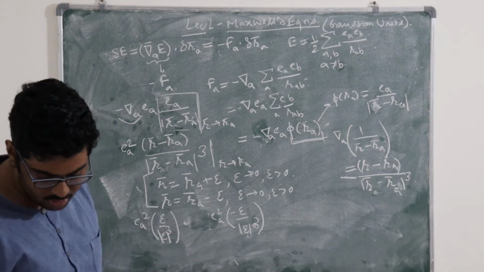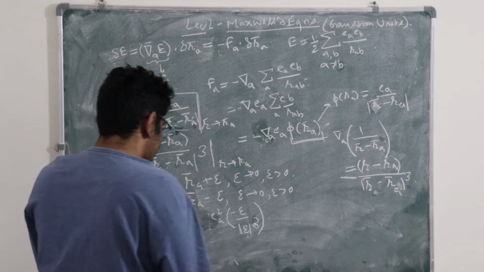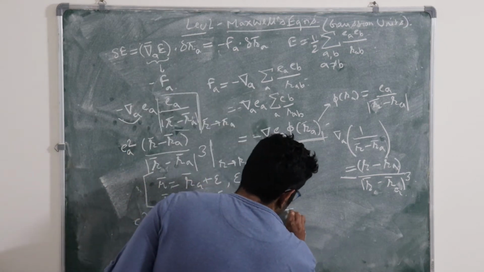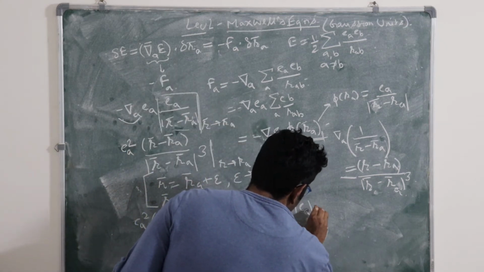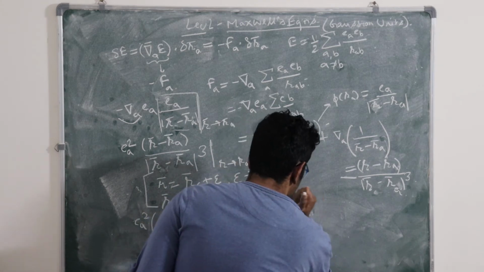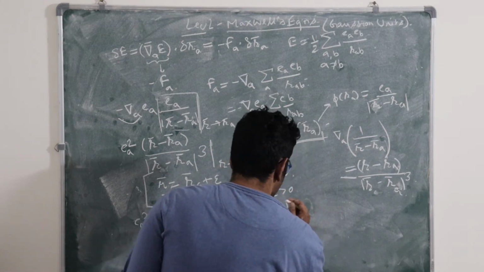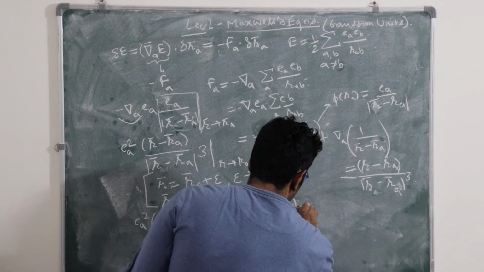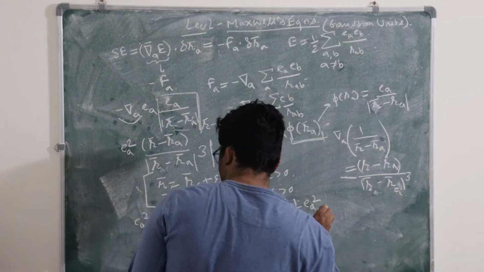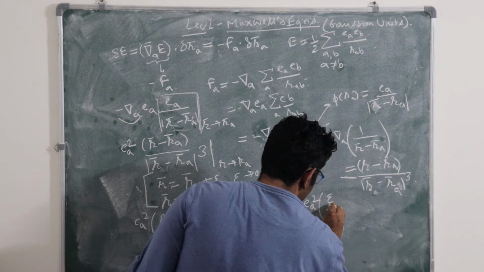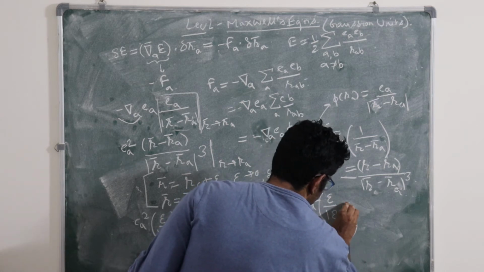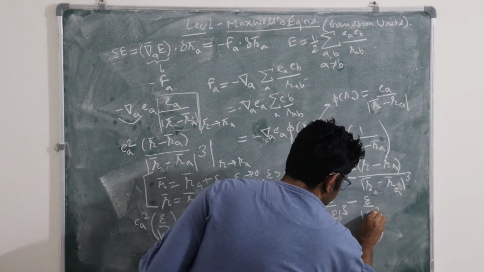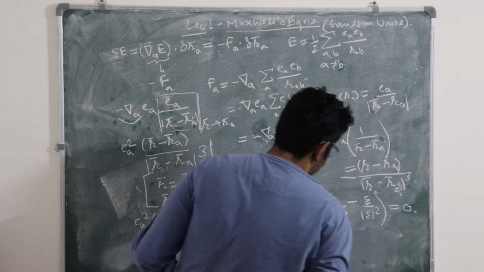Now what would I like to do? Well, when you get two values over here, let's average these values, and so you have half of e square times epsilon by modulus epsilon cubed minus epsilon by modulus epsilon cubed, which is equal to 0.